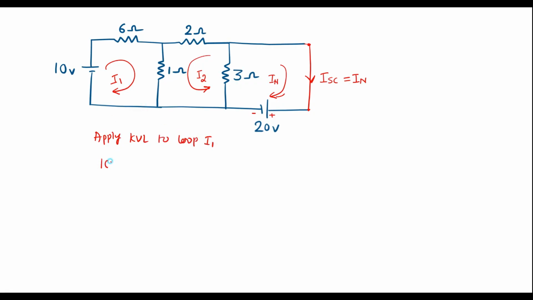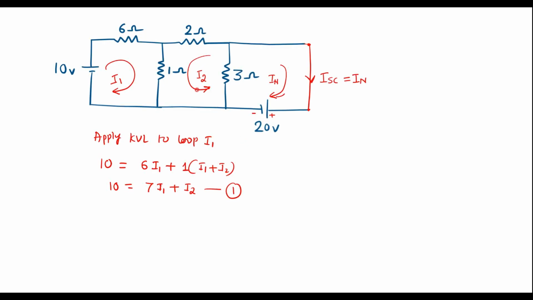I can write 10 is equal to voltage across this is 6I1 plus voltage across this is 1 into I1 plus I2, or I can write 10 equal to 7I1 plus I2. Let me call it equation 1.